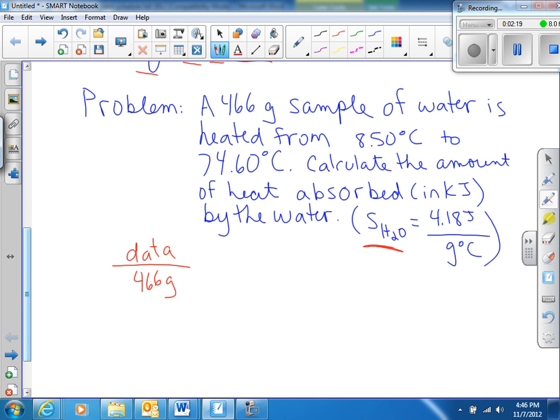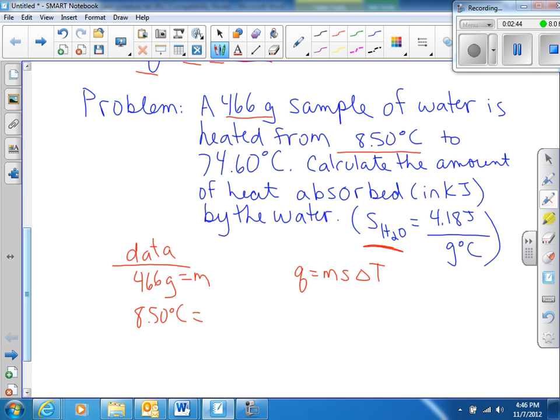And we also know we're going to need to use the equation Q is ms delta T. So what would the grams be in that equation? Right, mass. What else do we have? 8.50 degrees Celsius. Now that's a temperature.